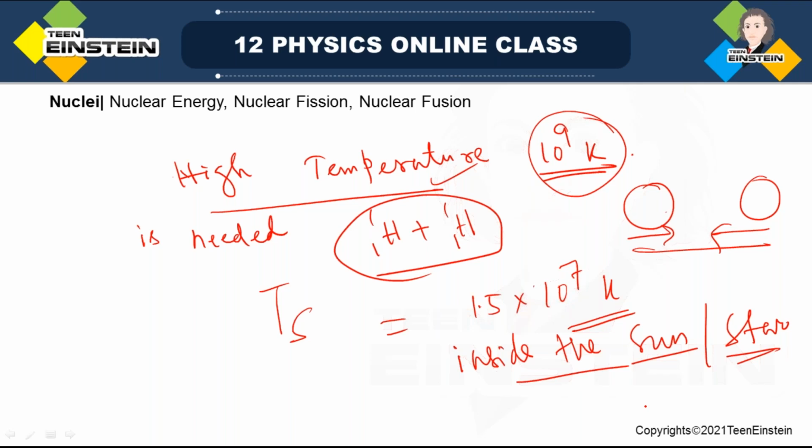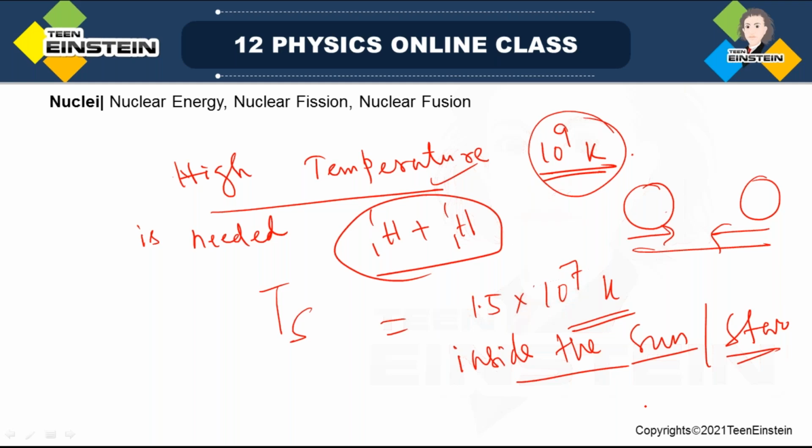And in case of the sun, there are hydrogen atoms which are getting fused to produce deuteron, and the deuterons produce helium. So there is a mutual production of hydrogen and helium, and this helium acts as fuel for fusion reaction.